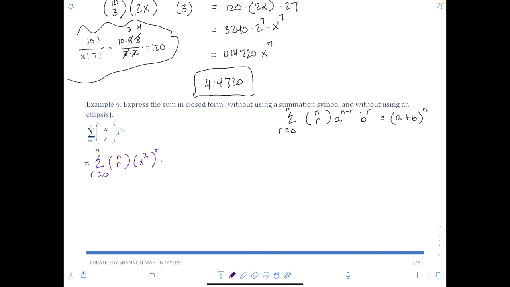So I could write this as 1, and what's the other thing I need? N minus r. So putting it in the right order, I would have the summation as r goes from 0 to n of n choose r, and then 1 raised to the n minus r times x squared to the r. So that in turn is going to be 1 plus x squared to the n.